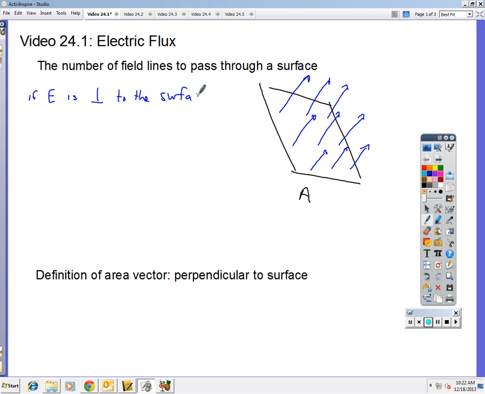or if the field lines are perpendicular to the surface, then the flux, phi, and we'll put a subscript E to indicate that we're talking about electric flux rather than magnetic flux, is equal to the magnitude of the field times the area. But let's say now that the electric field is not parallel to the surface.